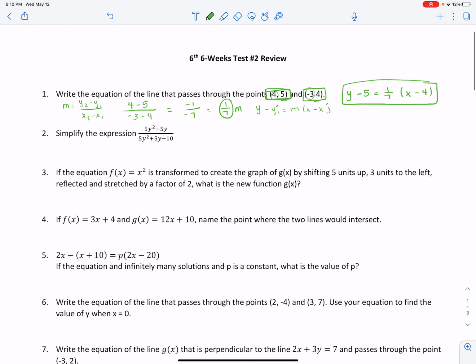All right, simplify the expression. The only way to simplify a fraction with multiple terms on top and bottom is to factor it first. I can factor a 5y out of the numerator, and I'm left with y minus 1. In the denominator, I can factor a 5 out, and then I have y squared plus 1y minus 2. So my 5's will cancel.